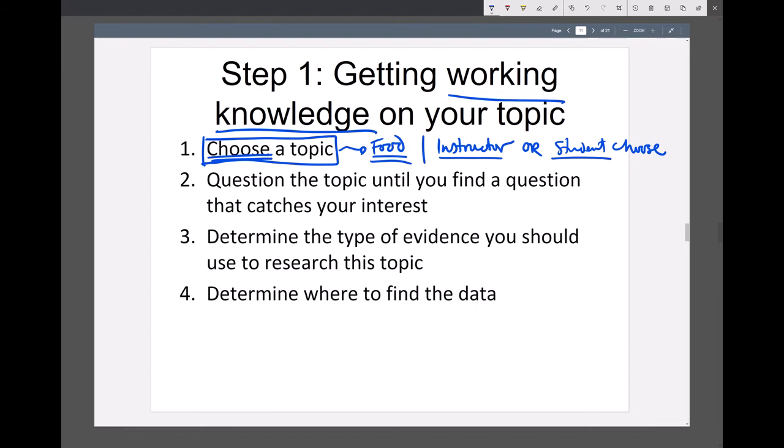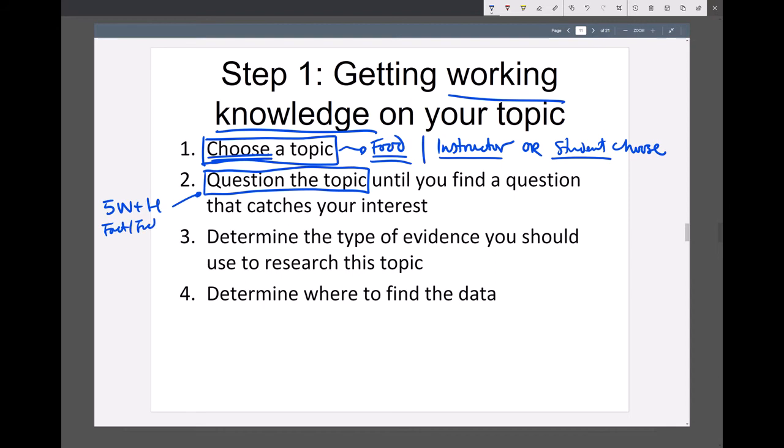The next step is ask questions about the topic. As a guide, you can ask any of the 5 W questions and the how question. You can also ask about fact or fiction.